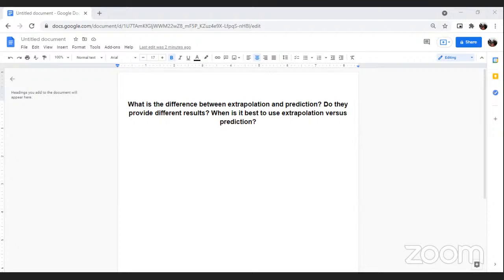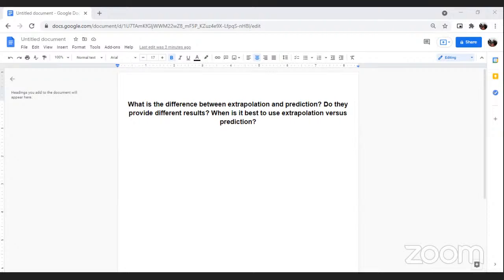So let's get a sense of what prediction is. Prediction, more specifically in predictive modeling, is a statistical technique that is essentially used to compute the estimate values that you get via extrapolation, right?